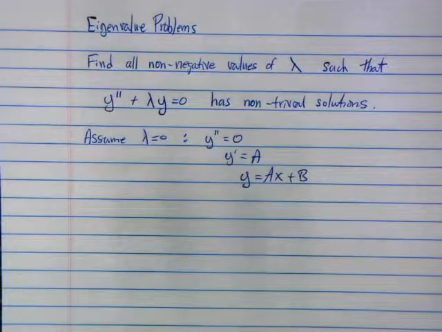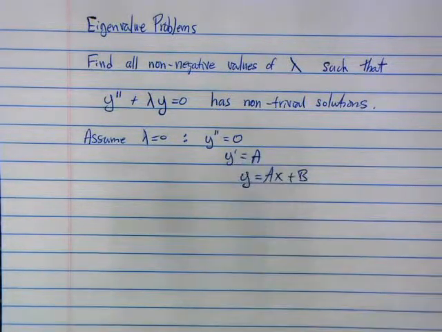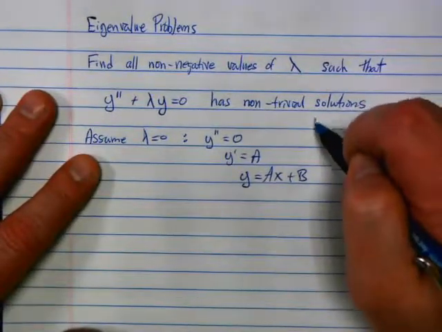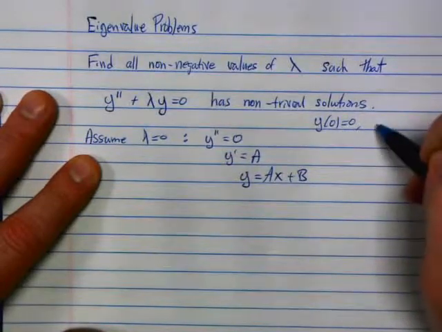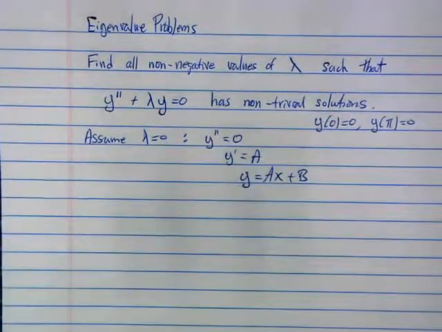That's correct. All right, so we take this and try our initial conditions, which are the same. Y at 0 is 0. Y at pi is 0. So we plug in our initial conditions and see what happens.